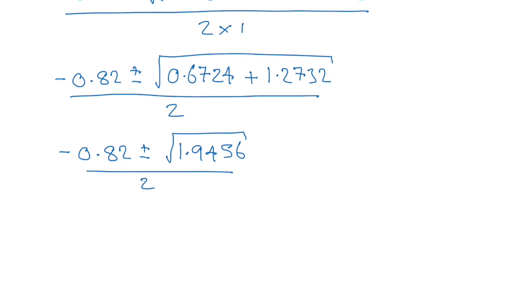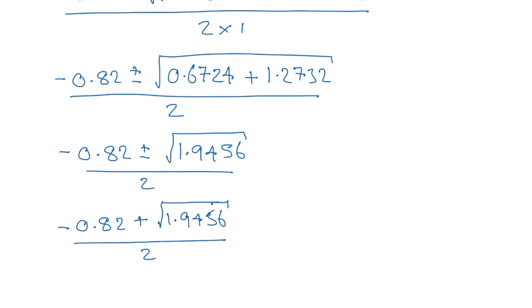So I'm going to separate out and get our two possible solutions. One when you use the plus sign between the two terms on the top line, one when you use the minus sign. You can put it into your calculator and you can work it out.